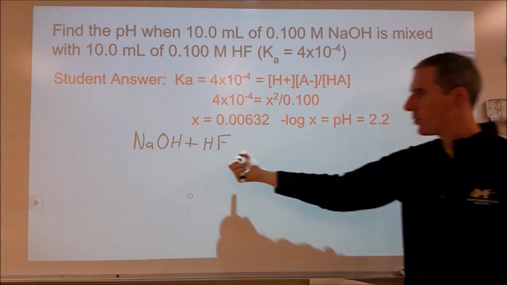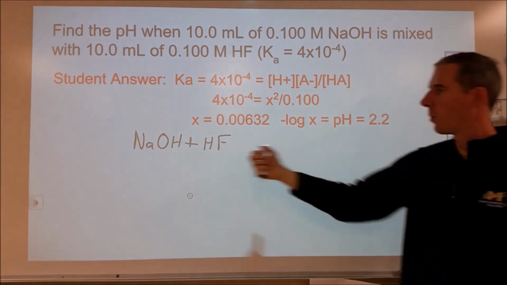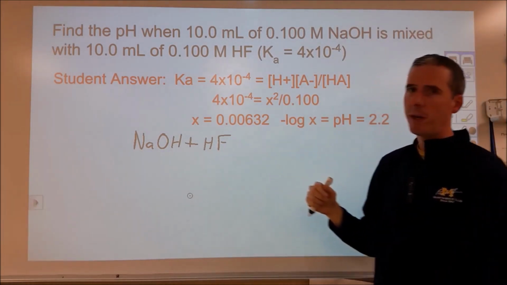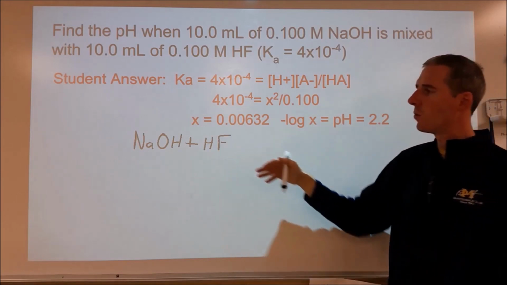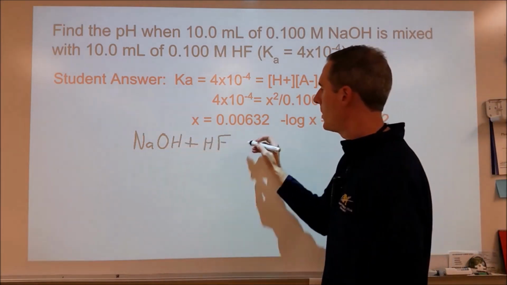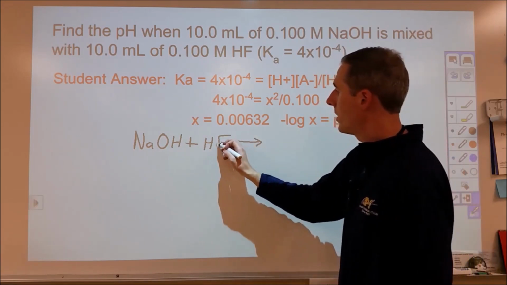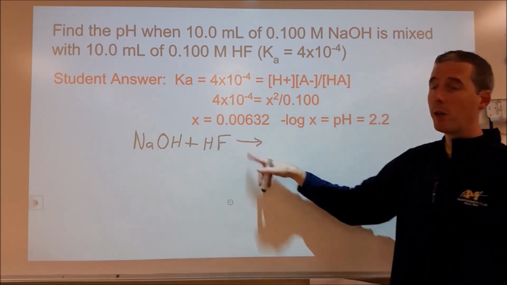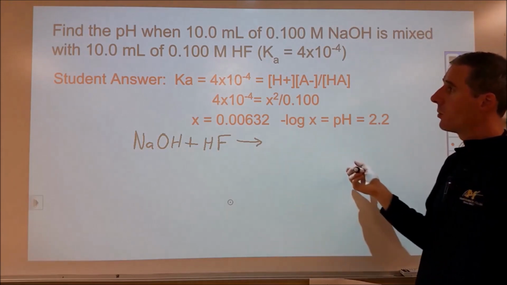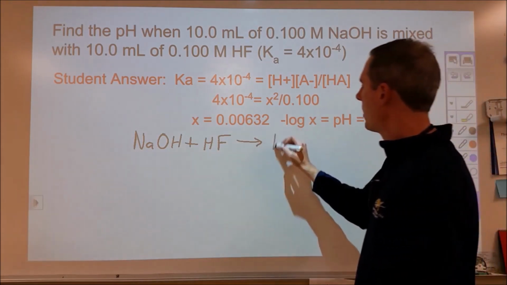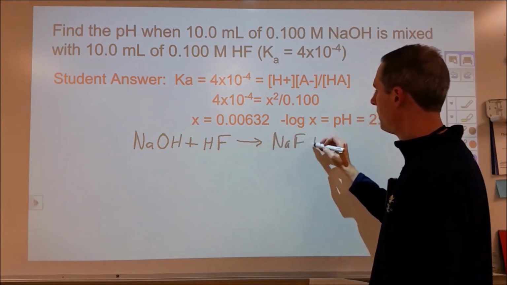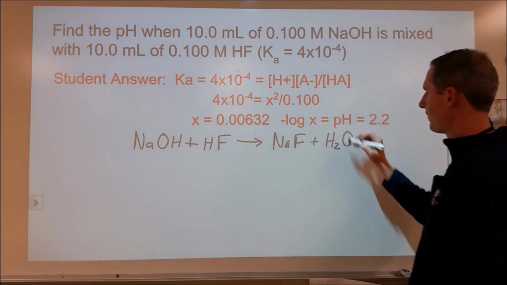A strong base is good at removing an H+. It will remove every single H+ from that acid. Even though this acid is weak, the combination with a strong base means that reaction is going to go to completion. So you'll often see neutralization reactions like this drawn with a single arrow, indicating that it's going to react completely. So we're going to end up forming sodium fluoride and water.